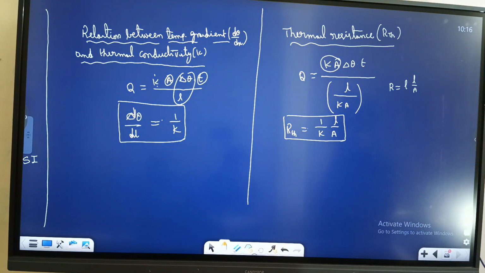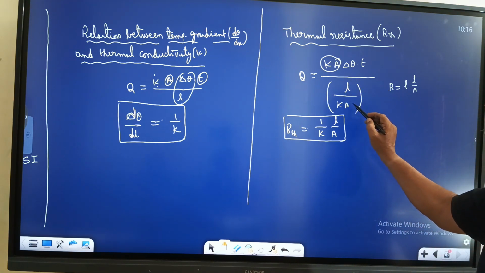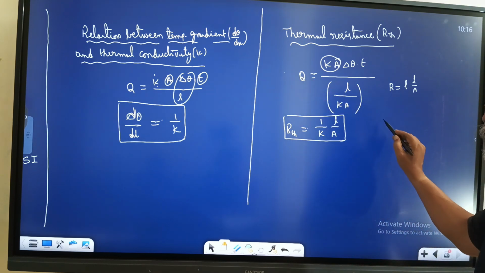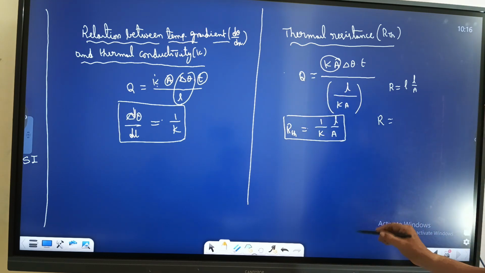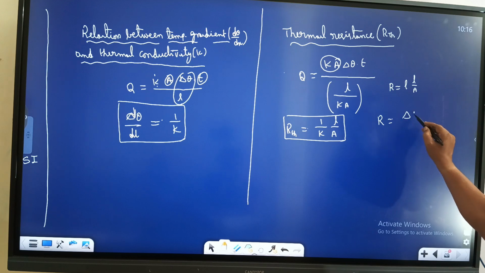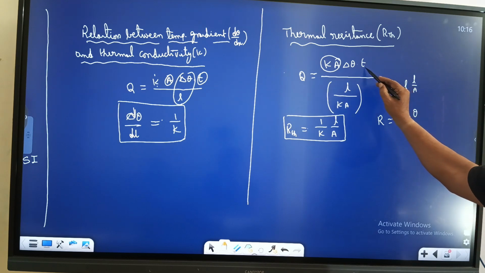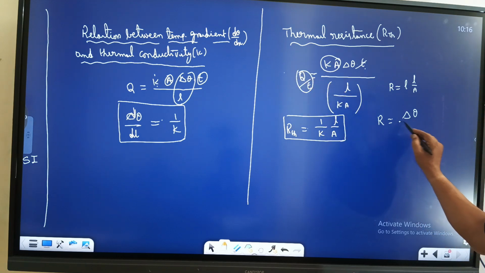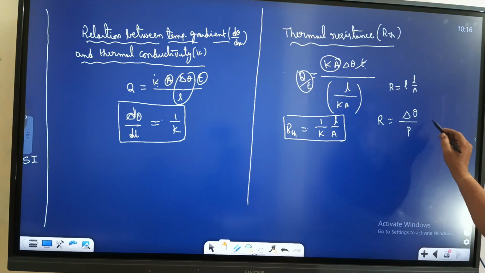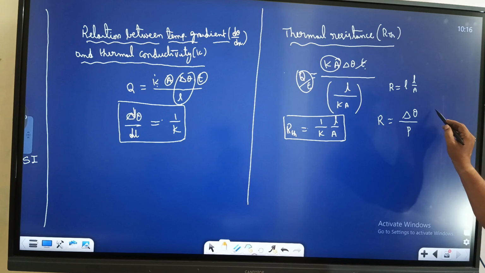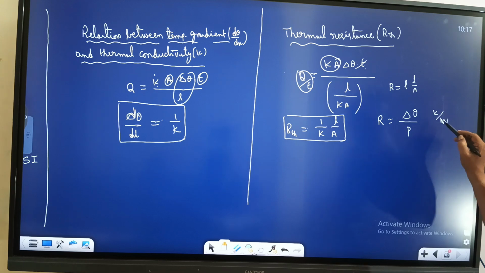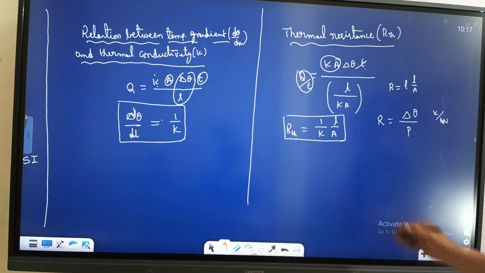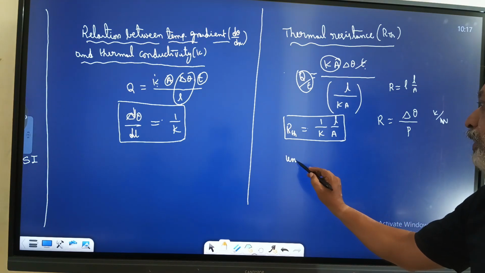Now we want to write the unit here. So this is thermal resistance. Now I bring this to here. Thermal resistance R is equal to what remains: delta theta. I can take the t to this side, and this becomes power P. The unit is Kelvin per watt. The unit is very easy to write.